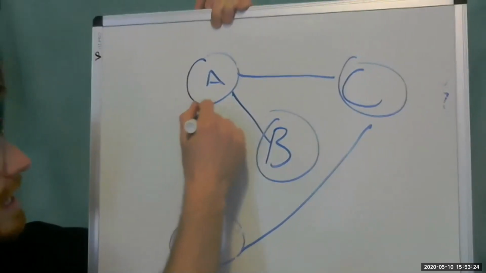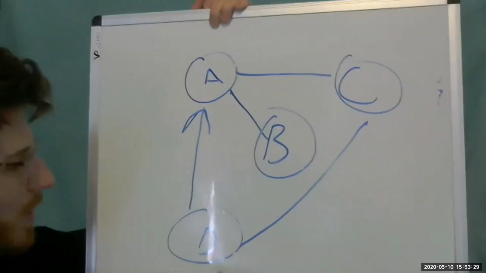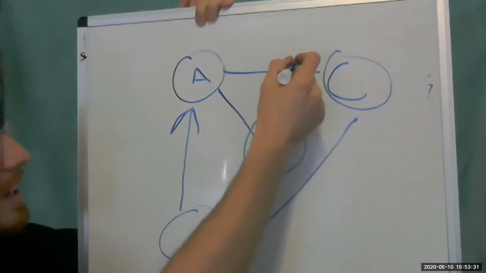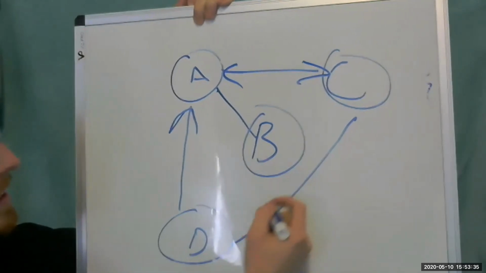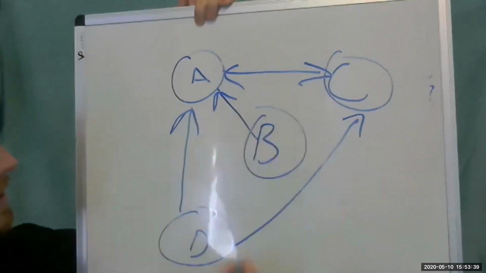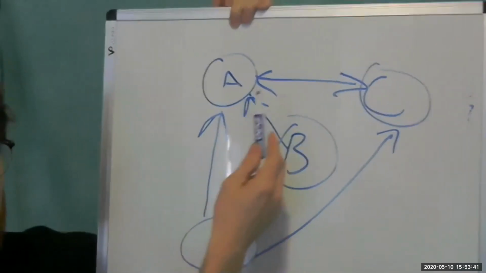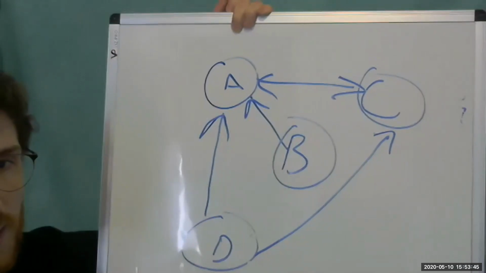So only D likes A. This is as if we were following on Twitter. Only D follows A, and A follows C, and C follows A. And D follows C, and B follows A. So you can see everybody follows A. So you know that A is now the most important person.